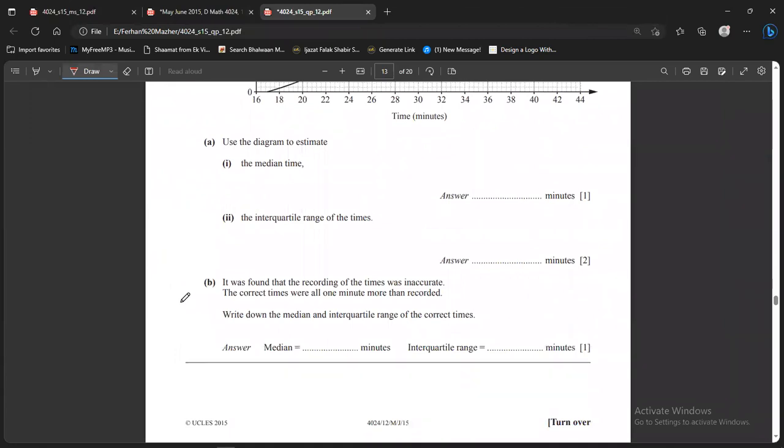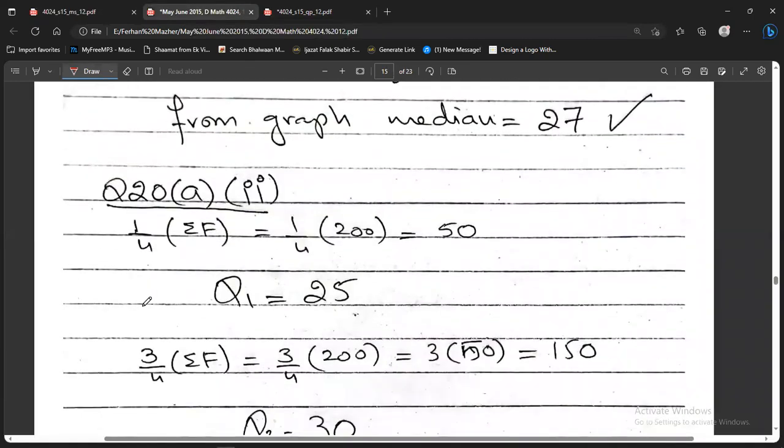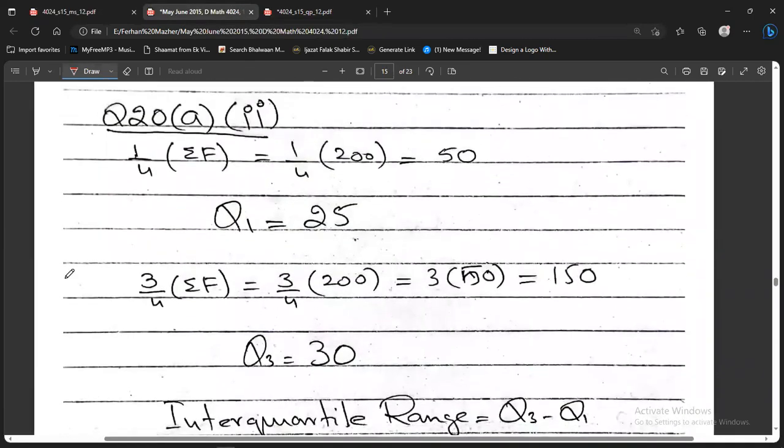Then their question is find the interquartile range of the times. First of all, let me find the Q1, the lower quartile, and that will be 1/4 of the total frequency. 1/4 of the 200 is 50.